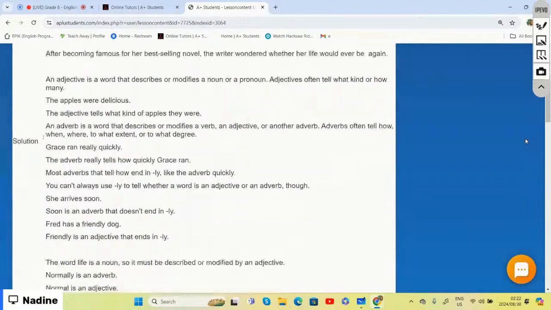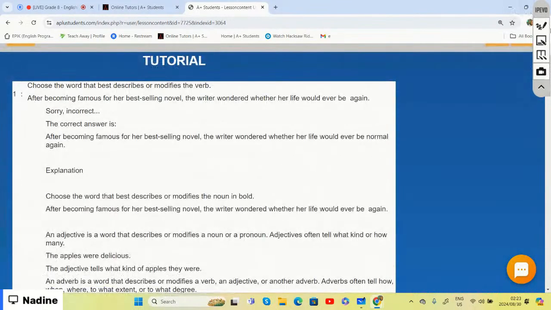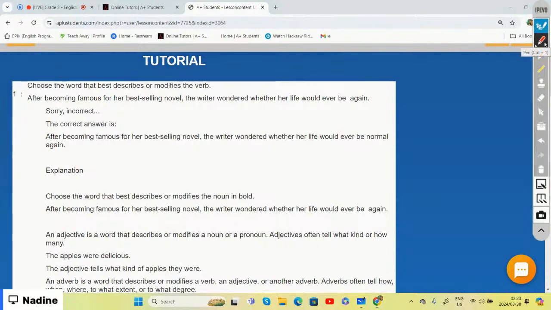And if we were to choose the correct word, we could say that after becoming famous for a best-selling novel, the writer wondered whether her life would be normal again.